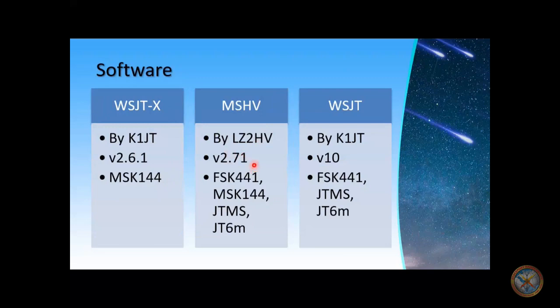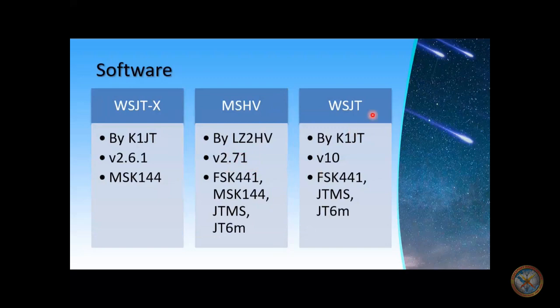Version is actually 2.72, came out yesterday, and that's got all the meteor scatter modes. It's got FSK441, there's another FSK315, I think, that's similar, but that's rarely used. MSK144, JTMS, JT6M, and so on.